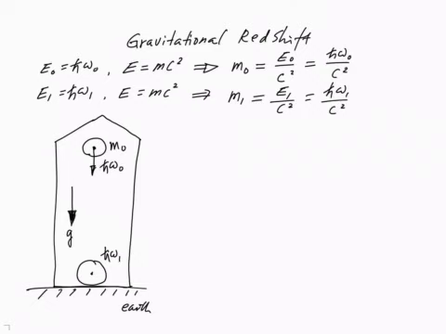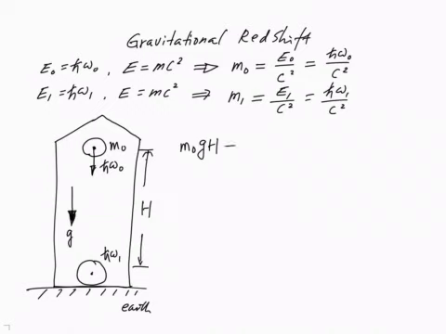And what is the energy it is going to gain when it comes down from top to bottom? If we assume the distance between the top and the bottom is h, then when the mass m0 goes from top to bottom, it will gain additional potential energy. This potential energy should be m0 gh.